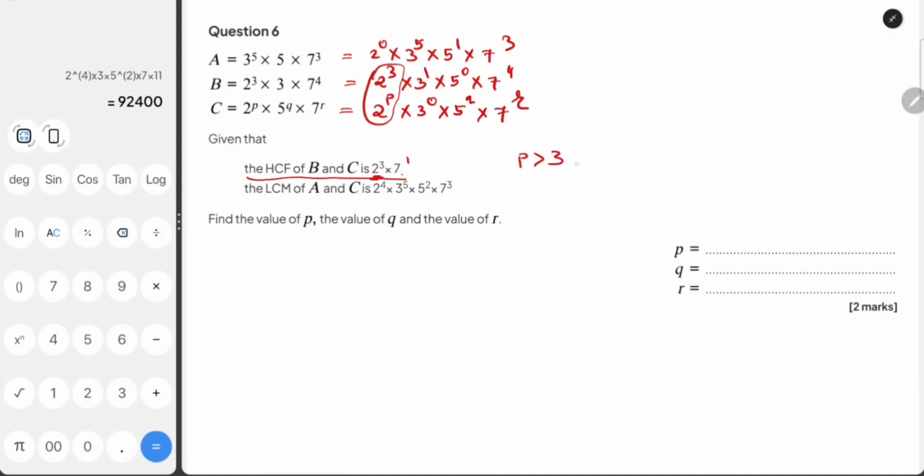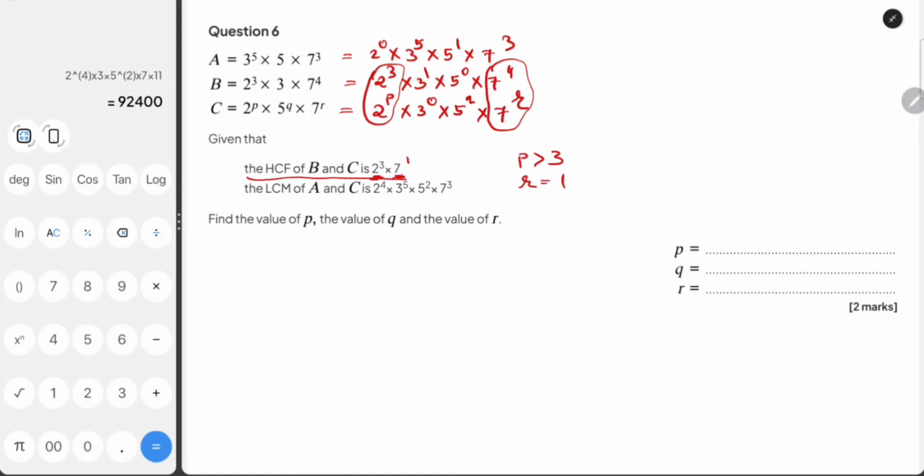Clear? Then second thing, 7 raised to 1. Here there are two numbers, 7 raised to 4 and 7 raised to R, and they have considered the smaller one as 7 raised to 1. So obviously R must be 1, then only among these two, 7 raised to 1 will be the lowest power of 7. Clear? So that means R is equal to 1.